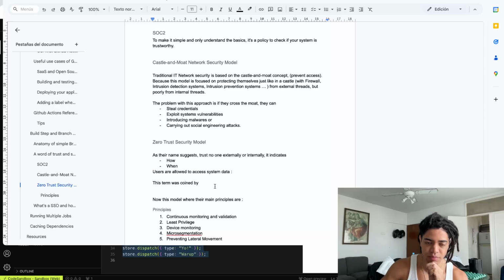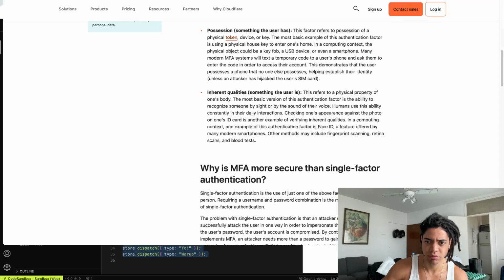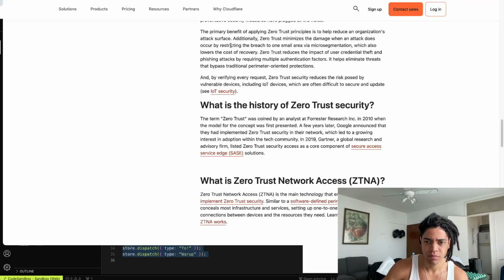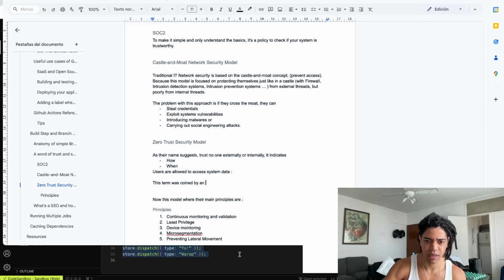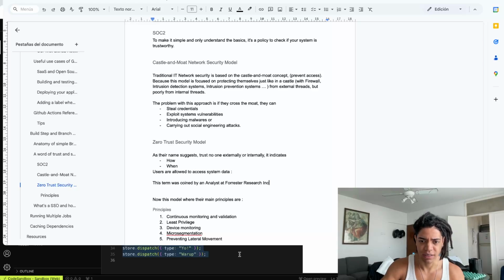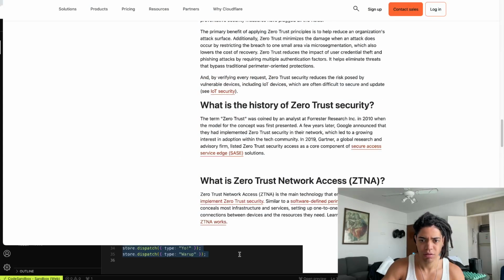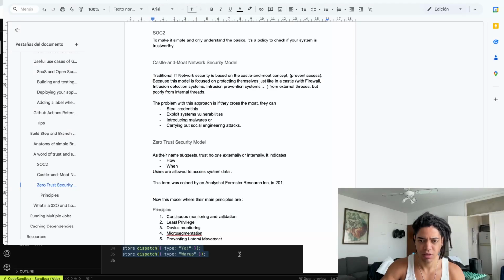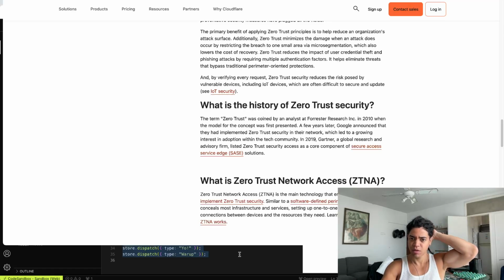Yeah, so this term was coined by an analyst at Forrester Research Inc. in 2010, when the model for the concept was first presented.